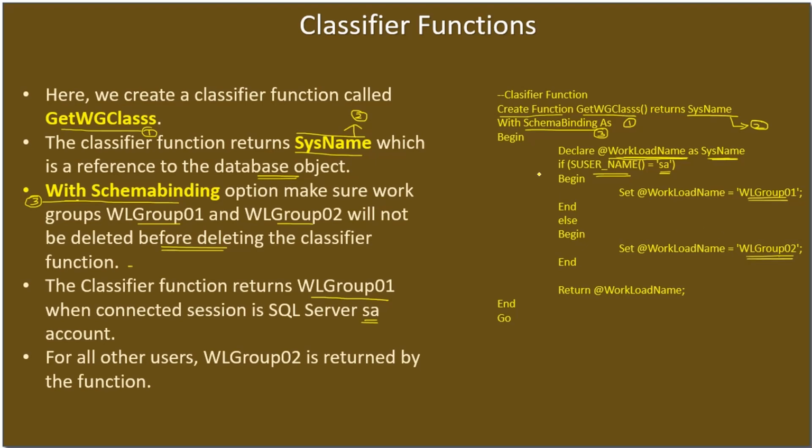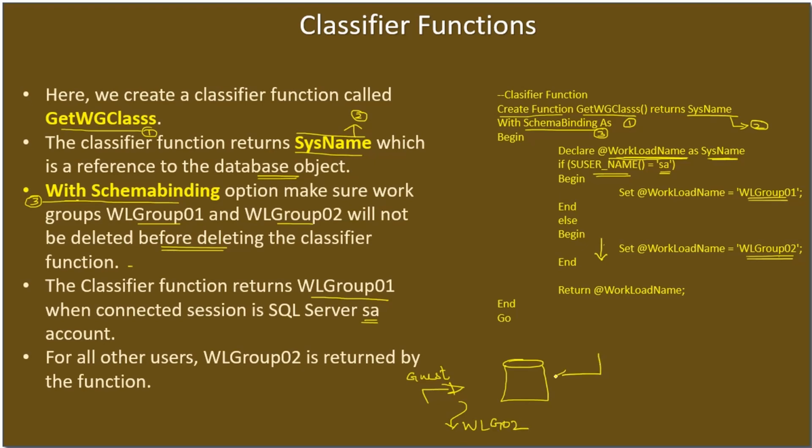Let's say the incoming user is guest. If the user is guest, we go through the else portion and return workload group 02.